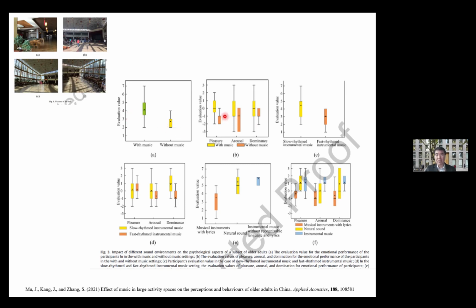Secondly, the difference is different in different dimensions of emotion. And this is different music, slow music and fast music. Again, there's a difference, and different dimensions are different. And this is a comparison between natural sound and music. You can see they're also quite different. I won't go into detail about how to design, but I just want to show you the importance of, and need to design, this.